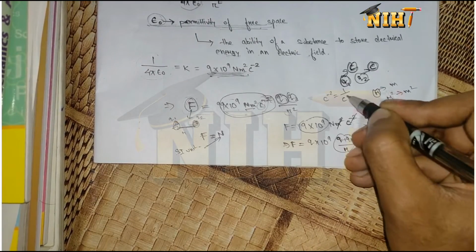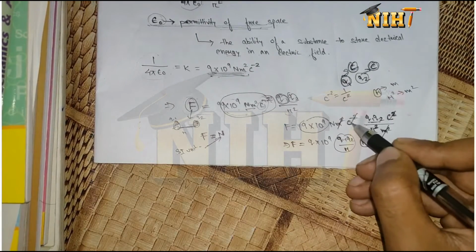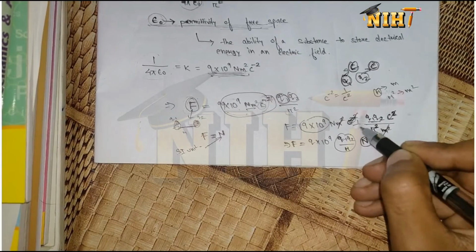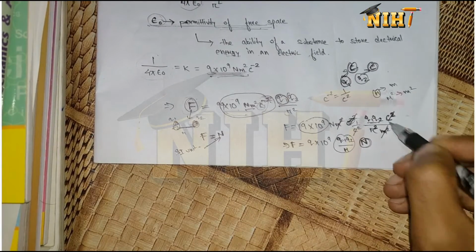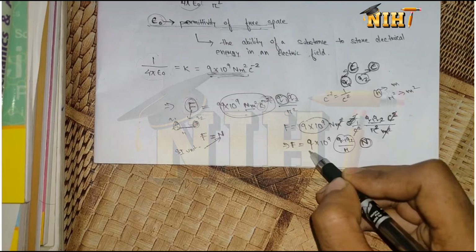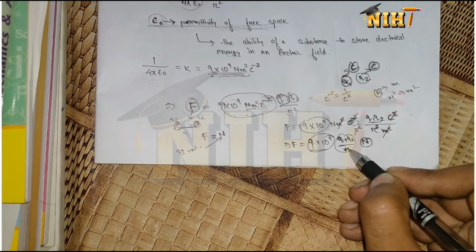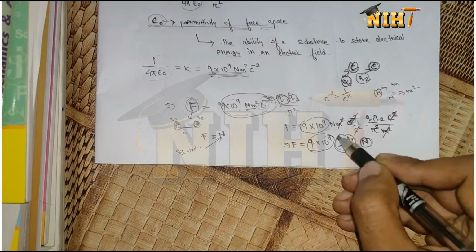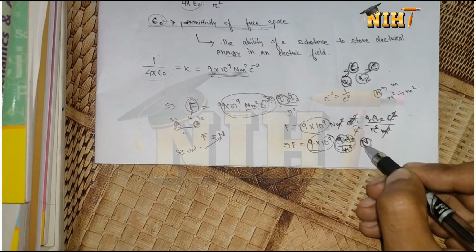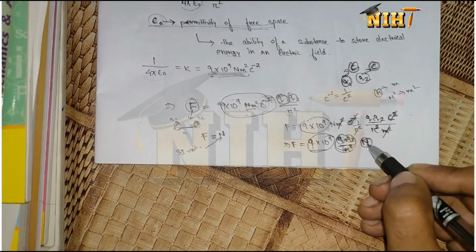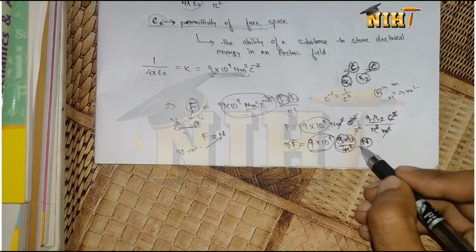It's nothing but 1 by C squared. So this and this cancel out, and we get 9 into 10 to the power 9, which is a constant, q1 q2 by R squared. We put in the magnitudes here, and then we get Newton, which is the SI unit of force.